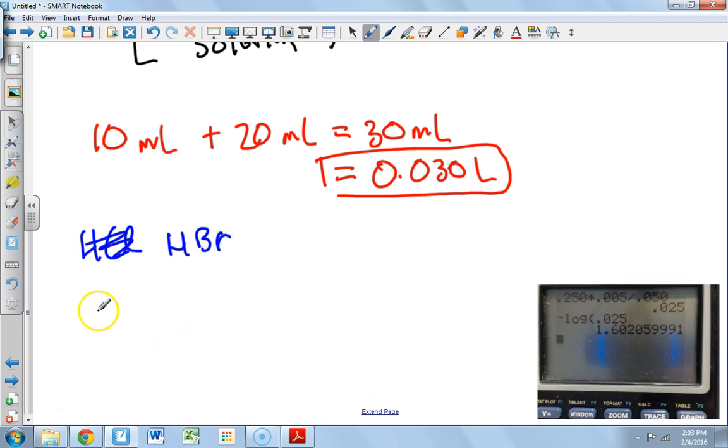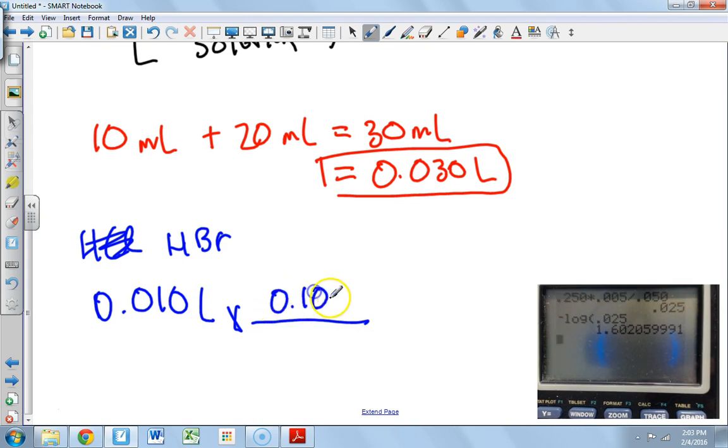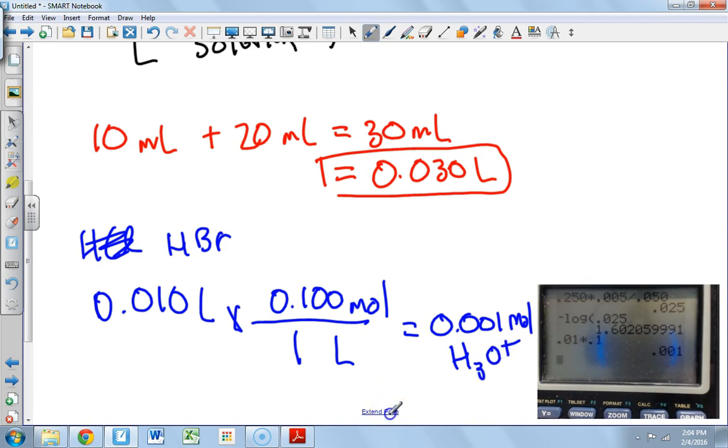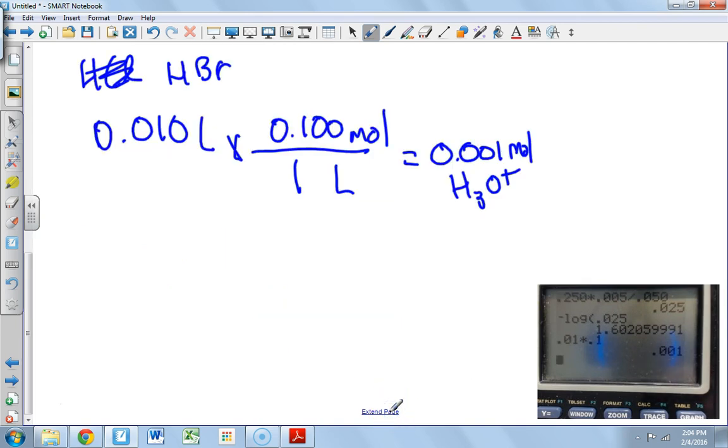Okay, so we have 0.010 liters. We're going to X-line it, and for every 0.100 moles that's in 1 liter. So it's 0.01 times the molarity, 0.1. And so the number of moles here is 0.001 moles of H3O plus. That's just the number of moles that HBr is adding.